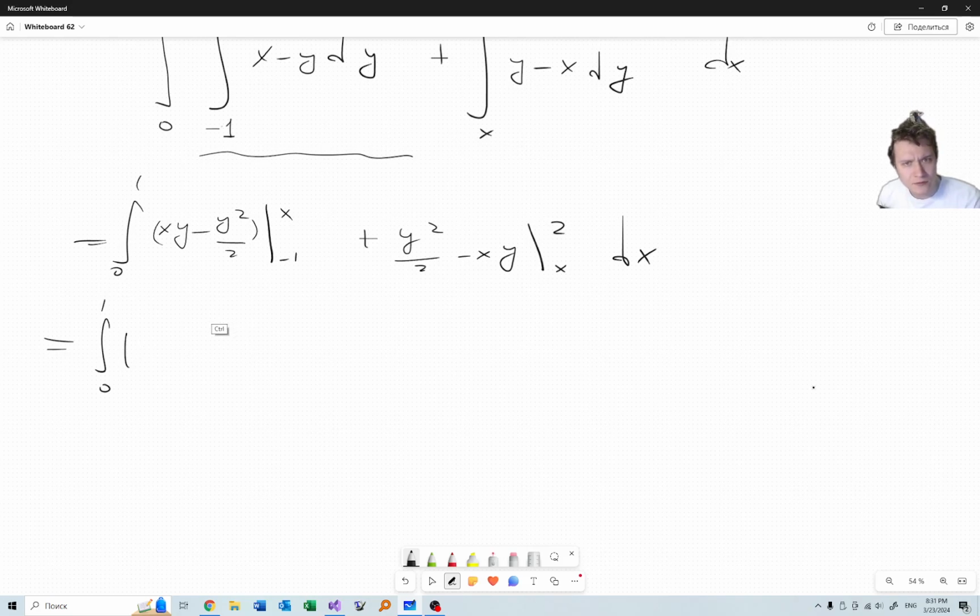So we substitute it to y, so x squared minus x squared over 2 plus x plus 1 half minus 1 half plus 1 half, then plus 2 minus 2x minus x squared over 2 plus x squared.